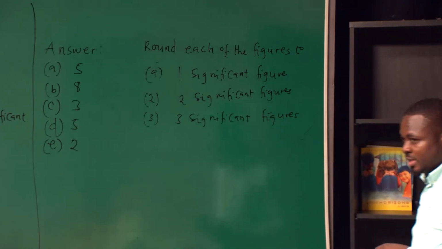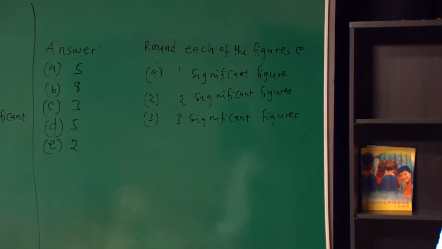So once we understand the concept of significant figures, we are to round each of them to 1 significant figure, 2 significant figures, and what? 3 significant figures. Let's do that together.